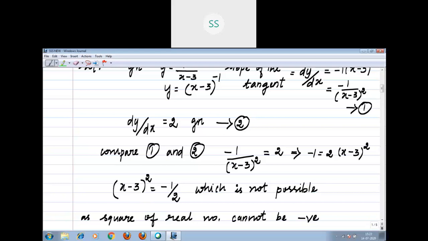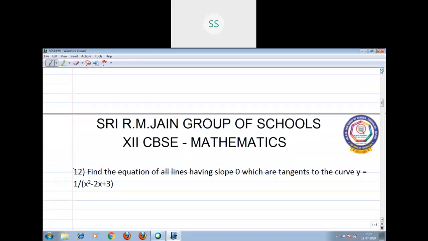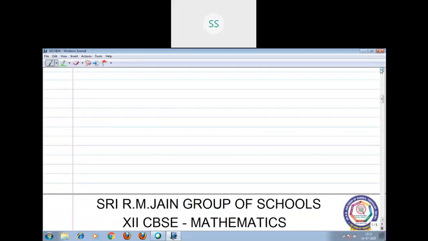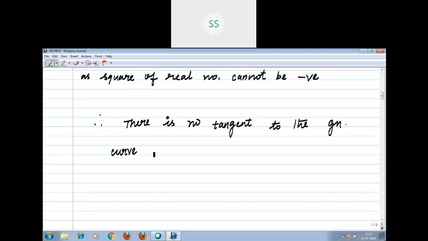Therefore, there is no tangent to the given curve having slope 2.